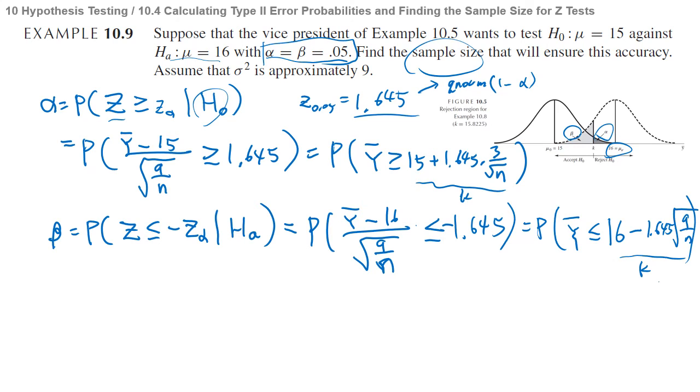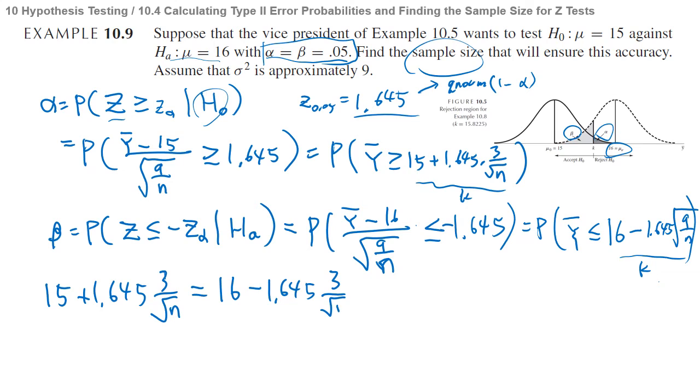And so we make them the same value. Our equation would be 15 plus 1.645 times 3 over square root of n equals 16 minus 1.645 times 3 over square root of n.